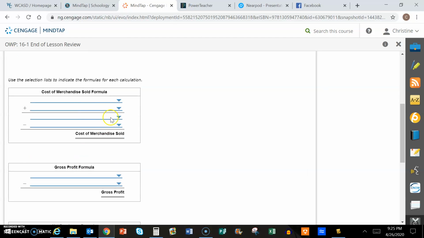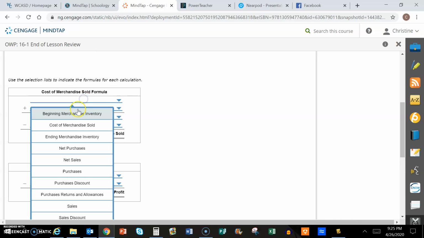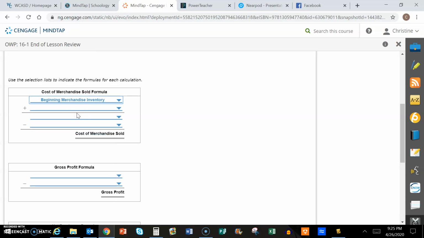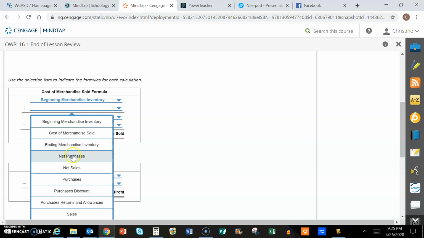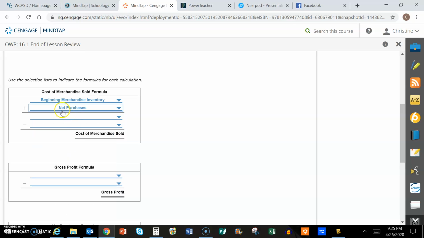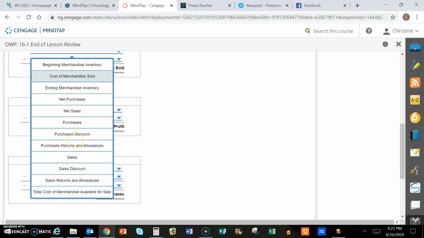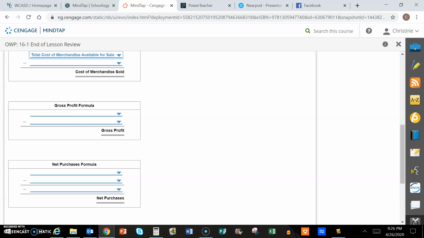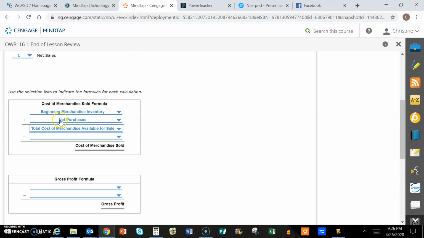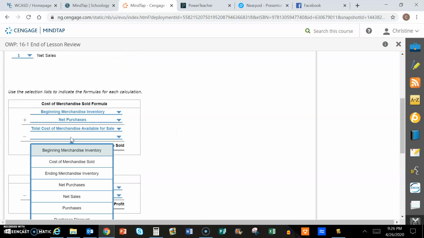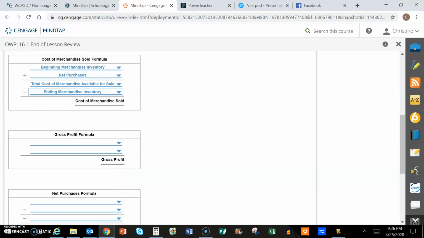Okay, the next one is the cost of merchandise sold. So you have a beginning inventory. Then you buy stuff. Net purchases means that some stuff was returned to you. That gives you the total cost of inventory available for sale. So that's everything that you have available for sale minus your ending inventory.